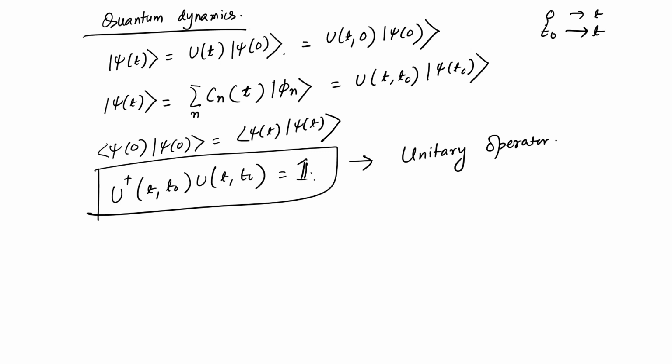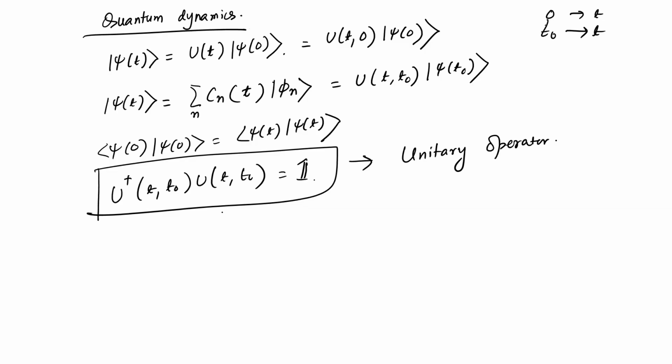And why did I write it as a 1 with a bold sign, or a double strand? The reason is that this is not just 1, but an identity matrix, with all the diagonal elements equal to 1 and all the off-diagonal elements equal to 0. And the dagger, as has already been told, means that you take a transpose and a complex conjugate. So, U dagger U equal to 1 is an important property.